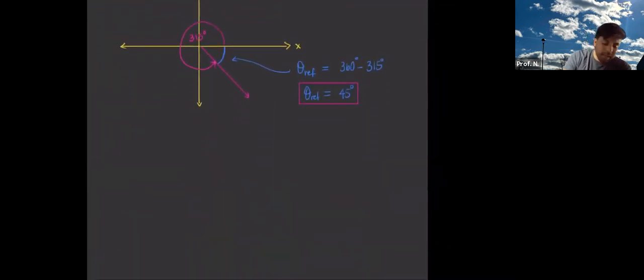Now I can also have negative angles. So for example, what would be this angle here? If I say this angle here, theta, is negative 30 degrees, what would be the reference angle?